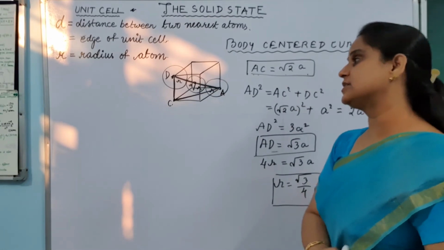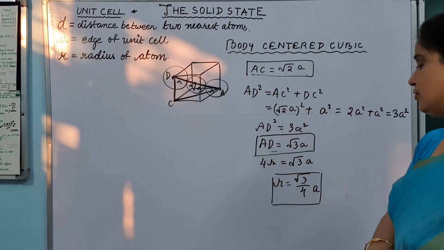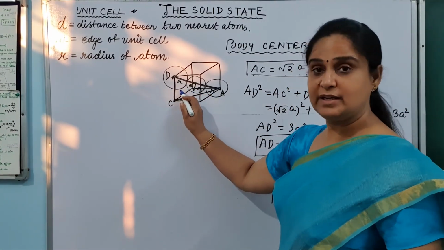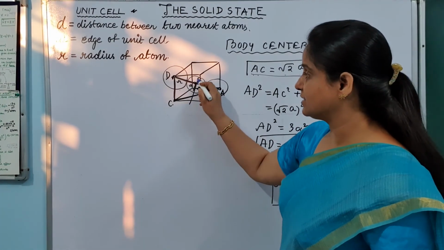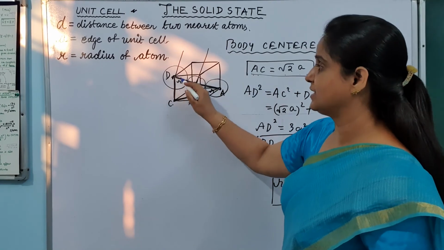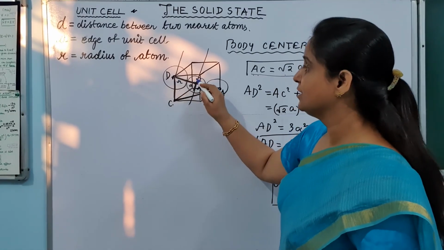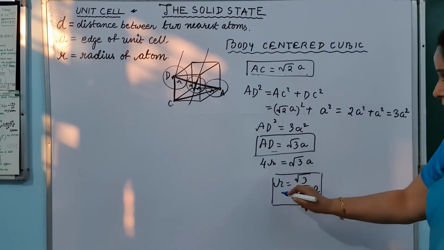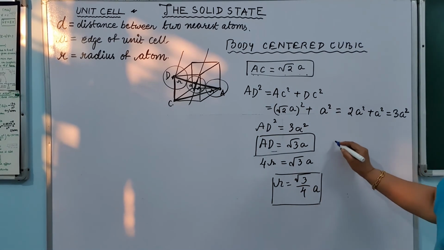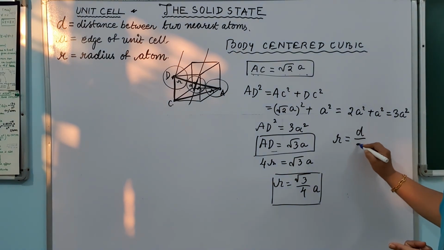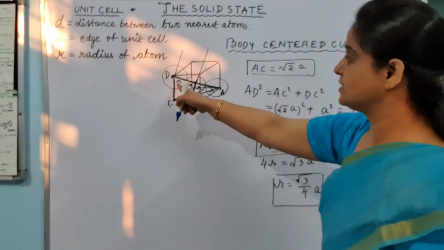If you derive the relationship between D and A also, you can go for it: 2R equals D. Can you see there? It is the distance between the two closest atoms, the nearest atoms. I can write R equals D by 2.